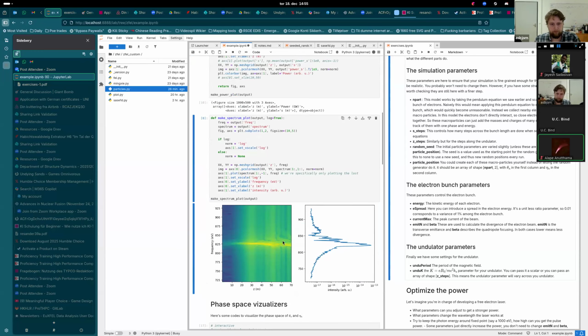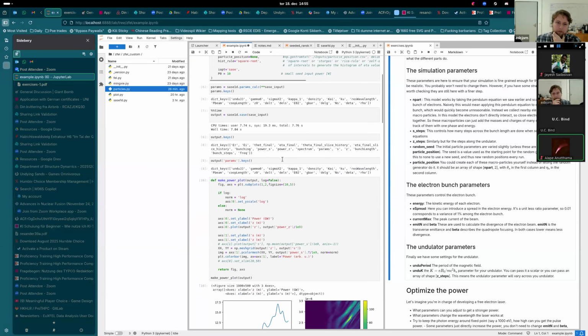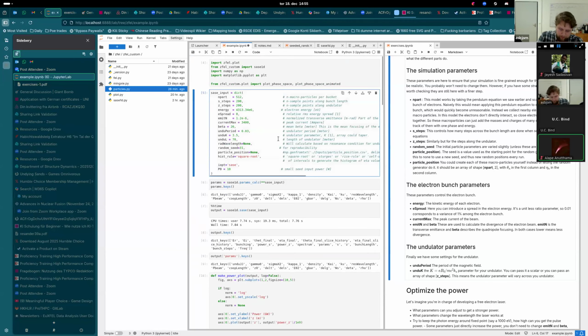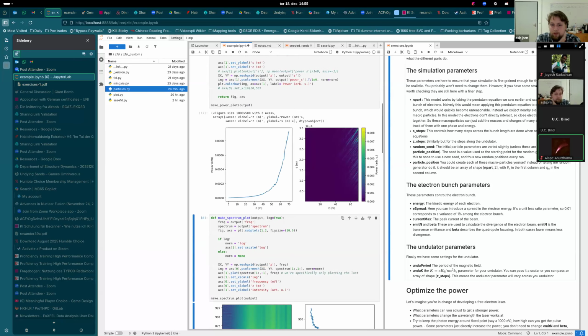So this is the power output. But if we go and set the energy spread to, okay, this is 10%, this is possibly quite high, let's say 1%. So there's 1% difference in the electron energies. Okay, so even a few percent energy spread already has a big impact.